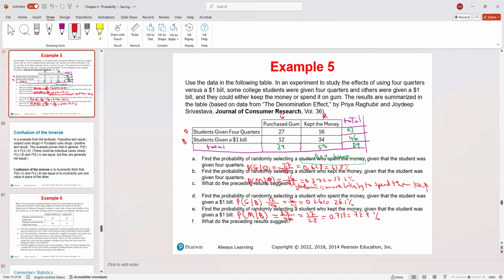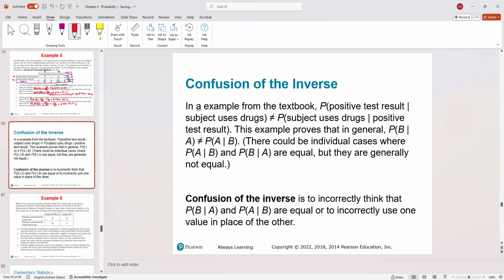But we're going to conclude by talking about confusion of the inverse.